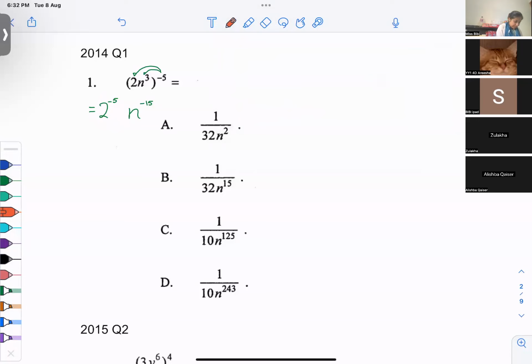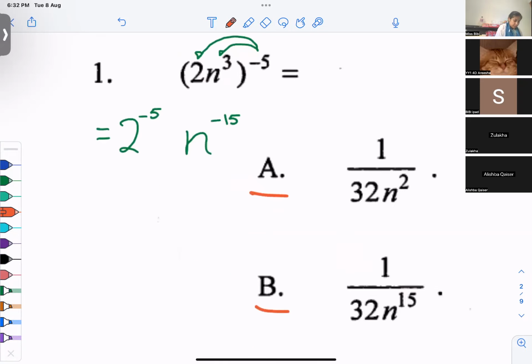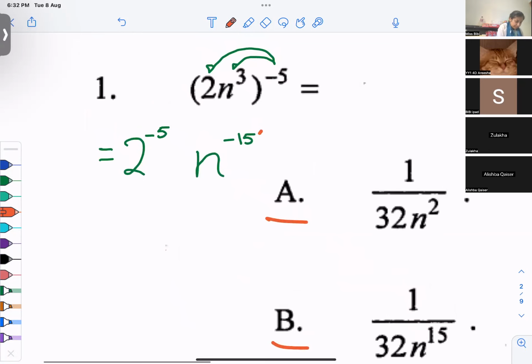So we know that it's either A or B, not C and D. How about for the unknowns? Well, how do we do it? Is it N2 or N15? N15. Yes, N15. The only thing special is that it's having a negative power. If there is a negative power, what we do is switch the places.